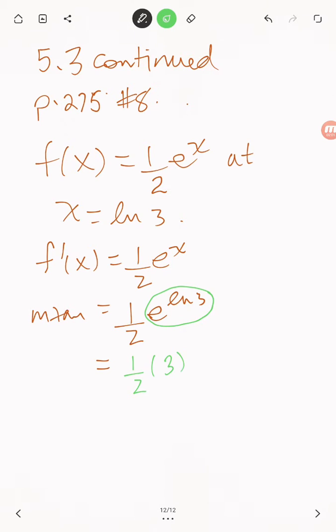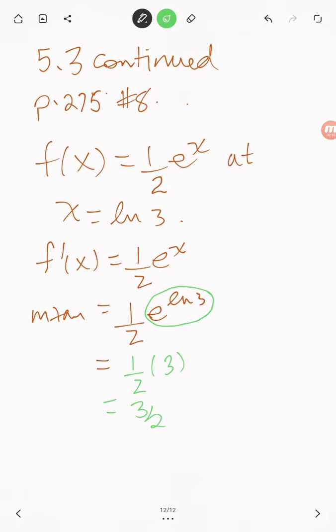Oh, I'm just going to continue with this green color. It's a little bit annoying switching the colors, so once I switch, I just stay. I don't go back. So that means that my slope of the tangent is 3/2.